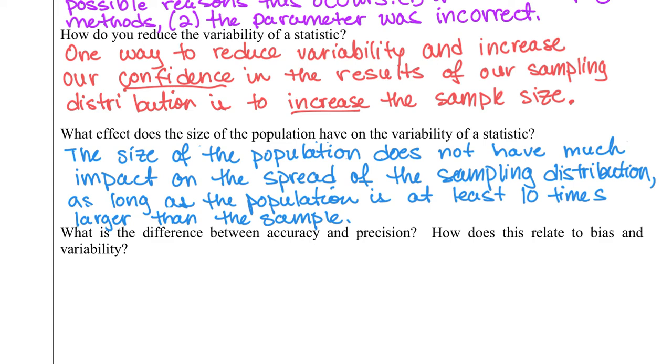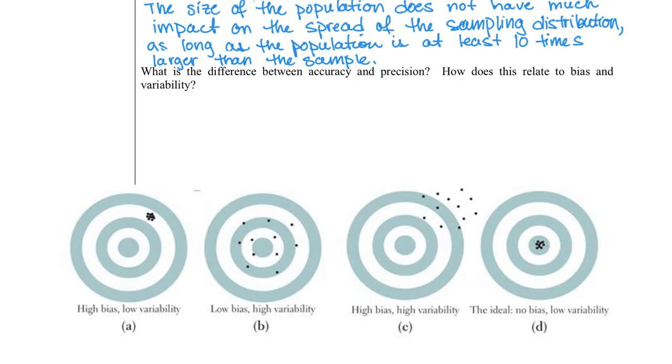And finally, what's the difference between accuracy and precision? And how does this relate to bias and variability? We have these bullseyes here that illustrate the difference between accuracy and precision. So this is precise, like all of our data, or all of our shots, since this is a bullseye, are in one location. That's extremely precise.